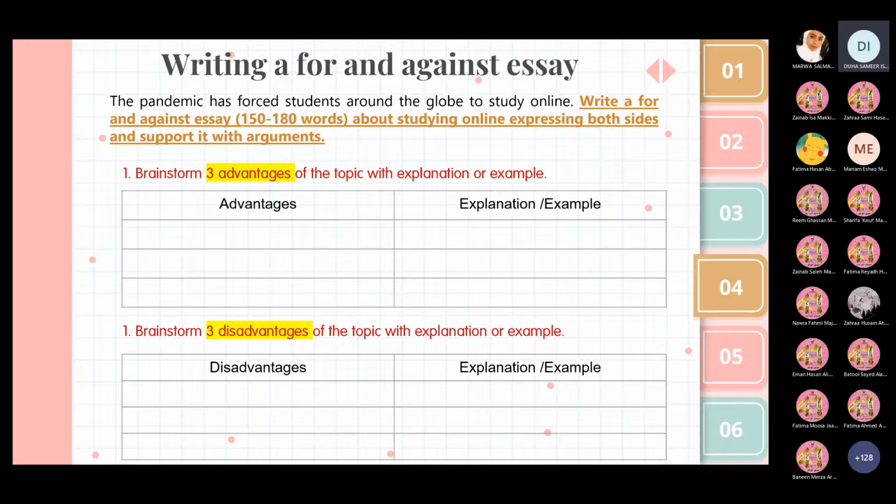Okay, so I will ask you to quickly try to find 3 advantages and 3 disadvantages for the topic of studying online. Just write them in the chat. Okay?